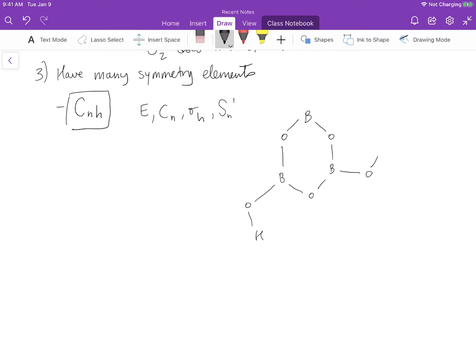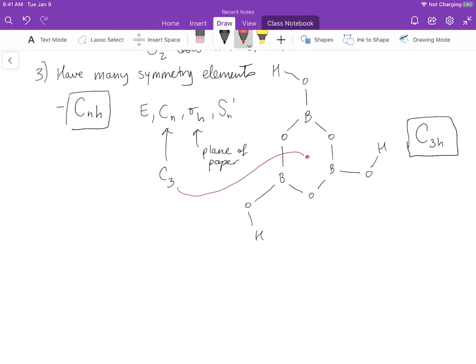And you'll notice sometimes it depends a bit how you draw a molecule. So when we look at molecules, we usually assume the most symmetric. So this would be C3H. So remember the sigma H in this case will be in the plane of the paper. In this case, our highest rotation axis is a C3 right in the middle.